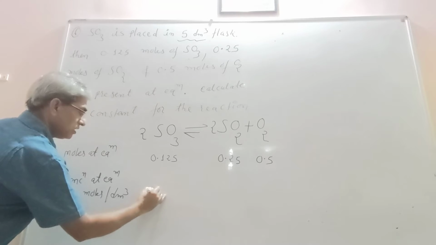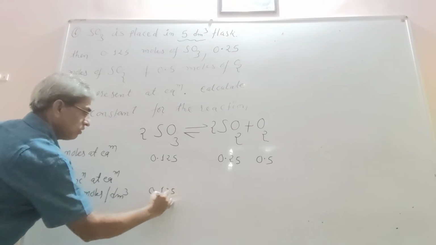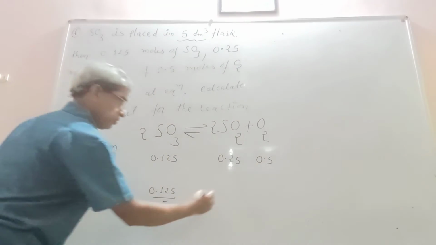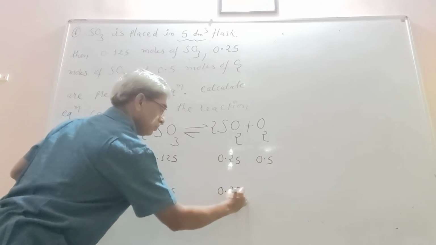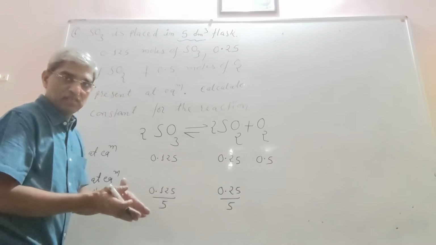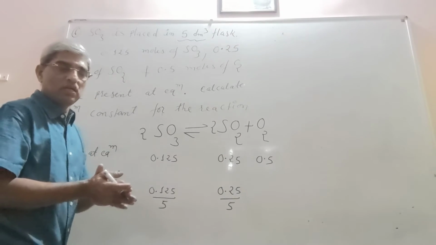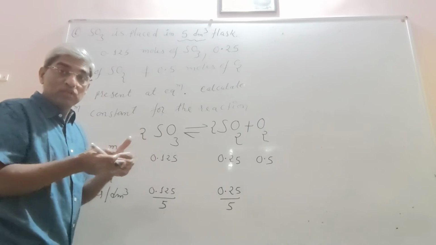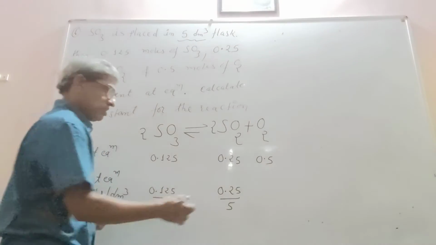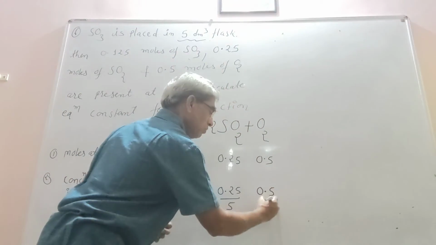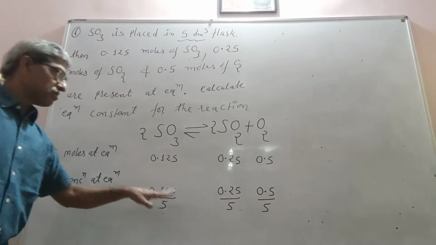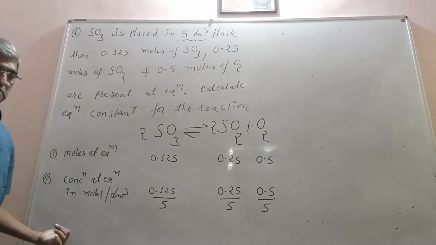Therefore, if you divide moles 0.125 by volume 5, then it is concentration, moles per dm cube. 0.25 upon 5 moles per dm cube, that is nothing but concentration, right? Because concentration is nothing but number of moles of solute per unit volume. Moles are given, volume is given. The ratio is nothing but concentration. 0.5 moles divided by 5. These are the concentrations of these species at equilibrium.